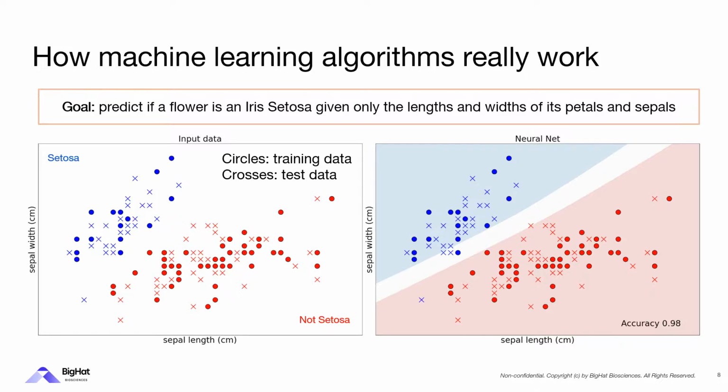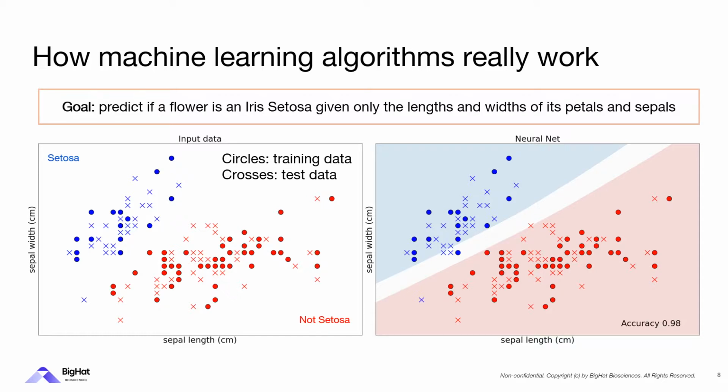And that white line separates the two groups, and we know that the accuracy is quite good of that separating plane because we've held back these test data. When you feed that through the algorithm and compare the predicted labels with the actual setosa, not setosa labels that we know, you see that your accuracy is like 98%.